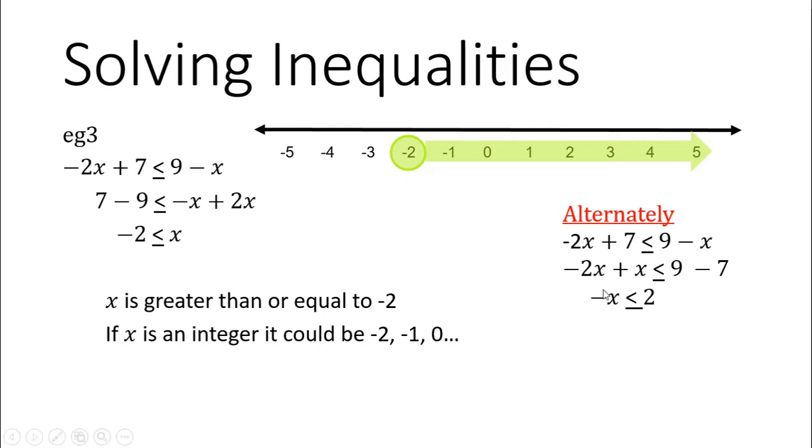So I need to make this -x positive. If I change the sign of this side, I need to change the sign of the other side. So -x is less than or equal to 2, positive x, and again I change the inequality sign as well, is greater than or equal to -2.